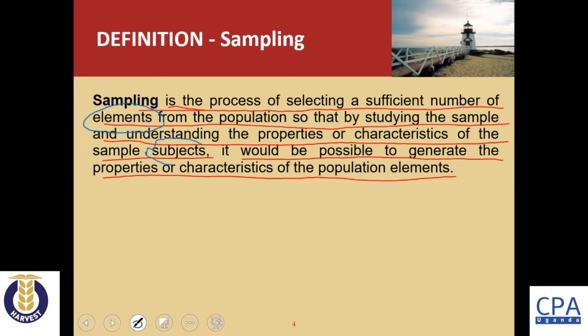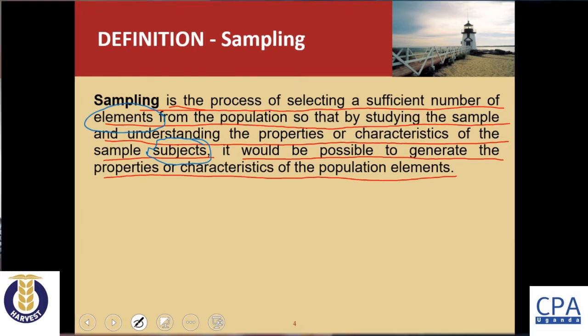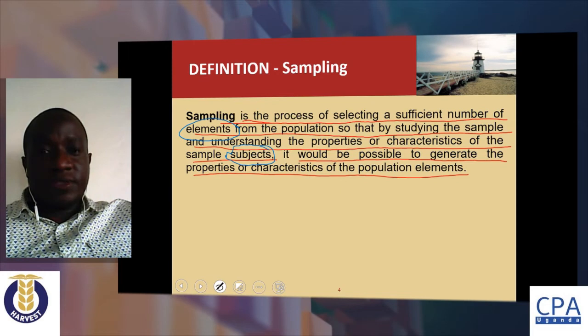Ideally, sampling means we are selecting members who we call the subjects from the elements, and the elements belong to the population, whereas the subjects belong to the sample. So why would we go into this kind of exercise? In most cases, the population is so large that you may not have enough time to inquire from all of them.